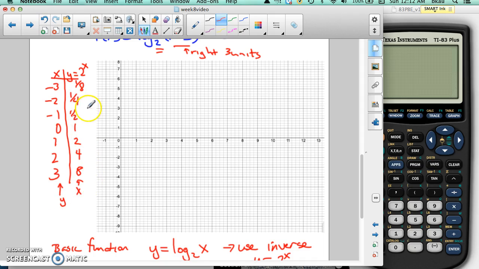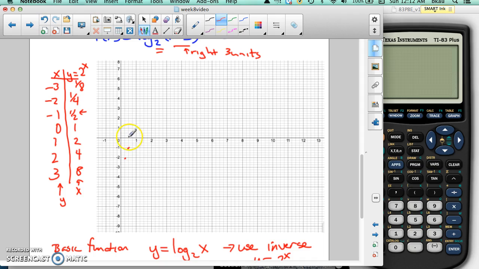So let's just graph a couple of these. Let's do this one. 1/2, -1. It's right here. 1/4, -2. Get that one as well. We can't get this one.